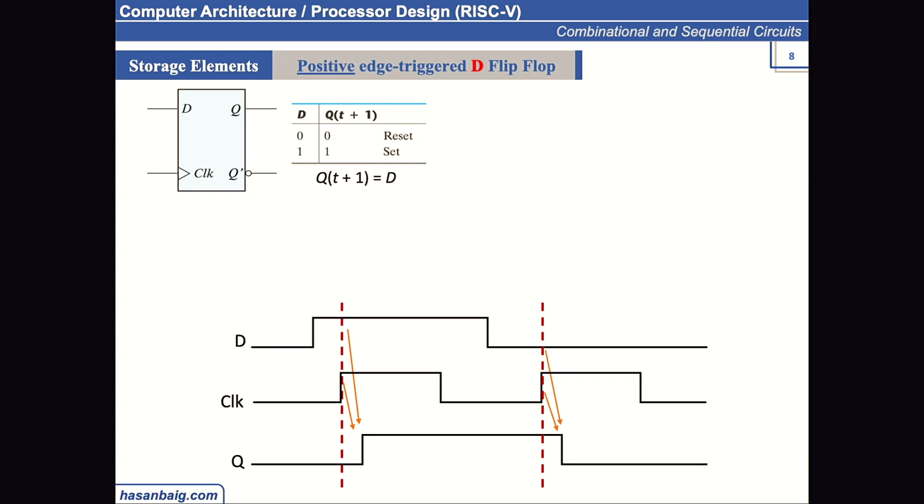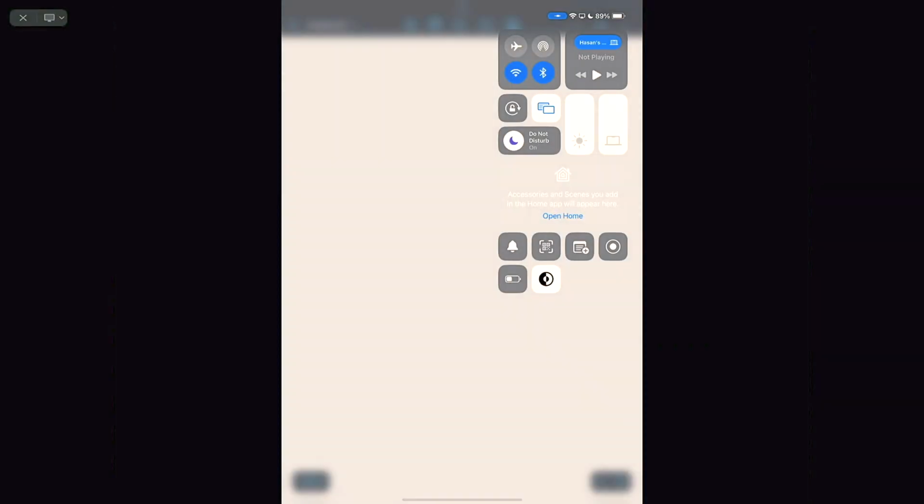For example, let's say I have a 32-bit value, any random value. Or let's say this is a 64-bit value.